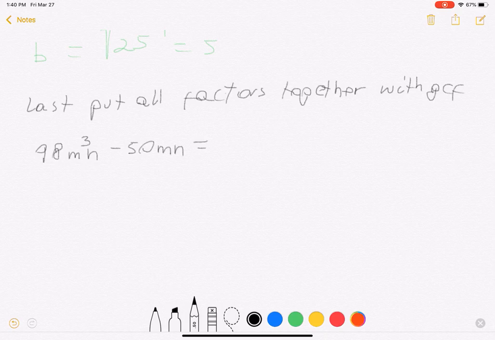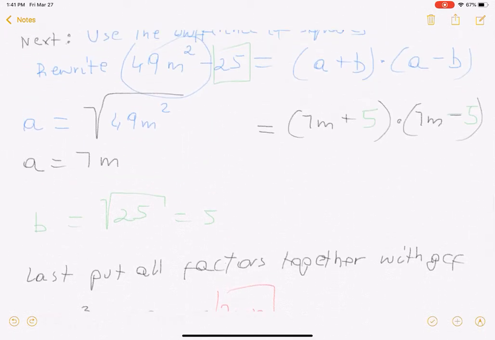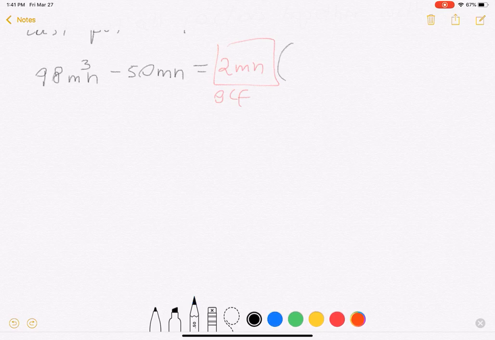Now we need to factor that completely. The GCF was 2mn, so again, that was our GCF. And from the difference of squares, we end up with 7m plus 5 times 7m minus 5. Okay, I'm going to stop here.